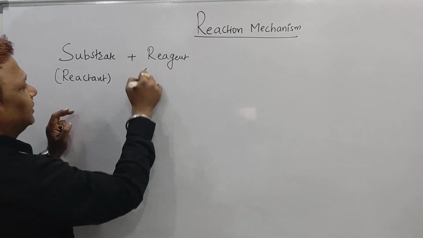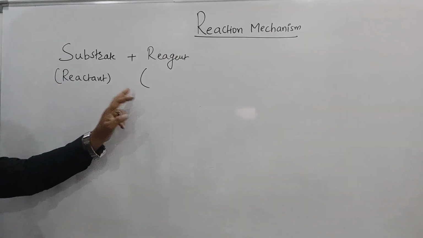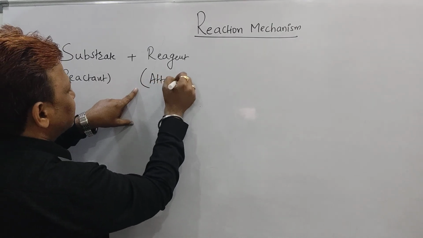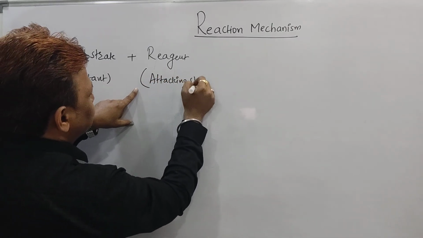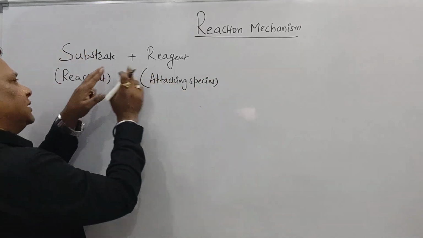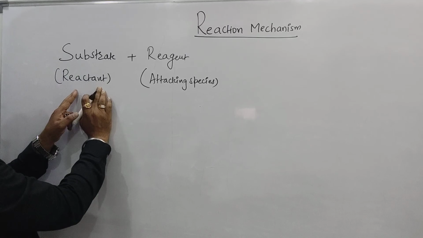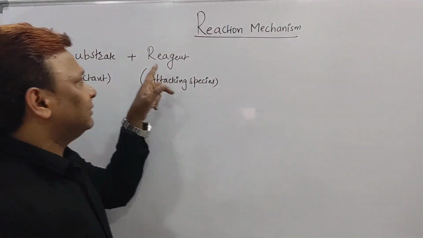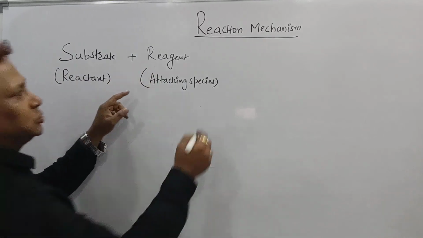What is the reagent? The attacking species will be called a reagent, and the one on whom it is going to attack, that is the reactant, will be called a substrate. When any substrate combines with the reagent, it gives rise to a product.